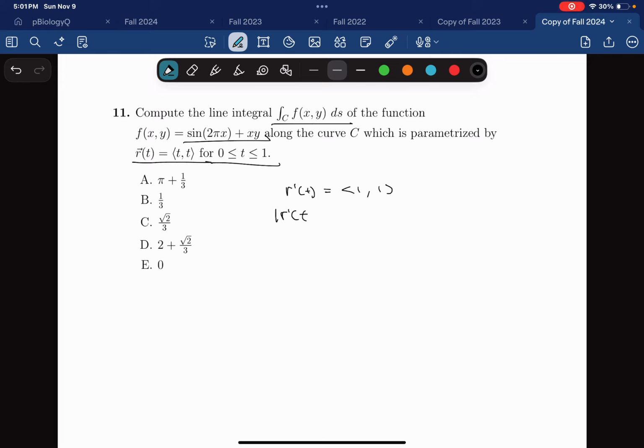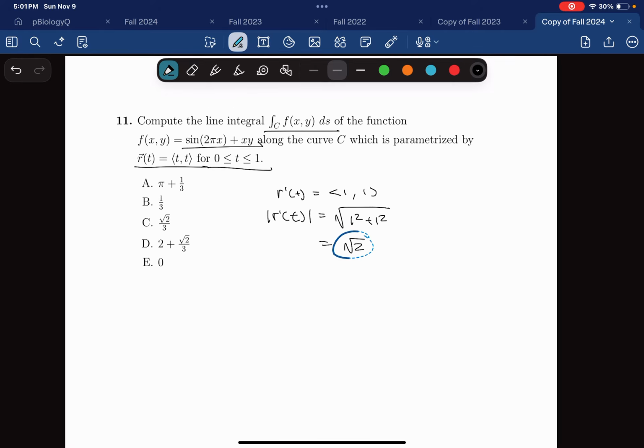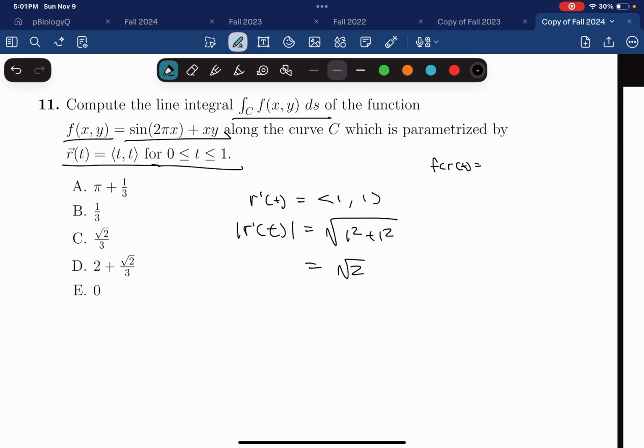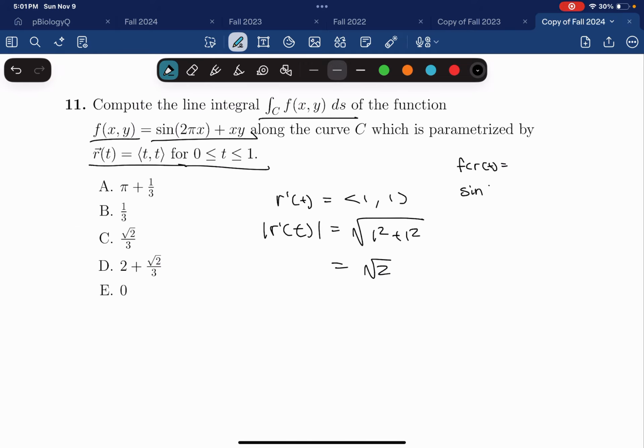Now we got to find the magnitude, which is 1 squared plus 1 squared, square root of 2. So that's our magnitude. And now we got to find f of r of t, which is equal to sine 2 pi t plus t squared because of that.